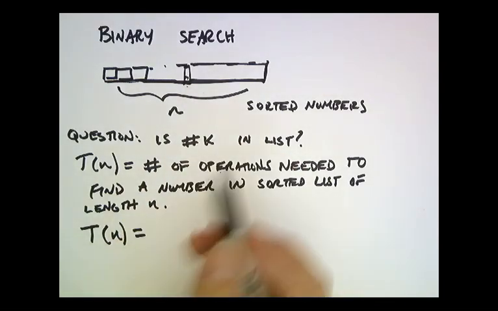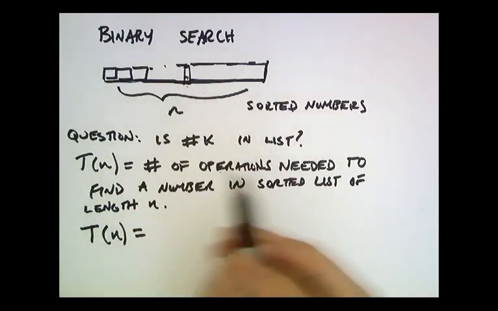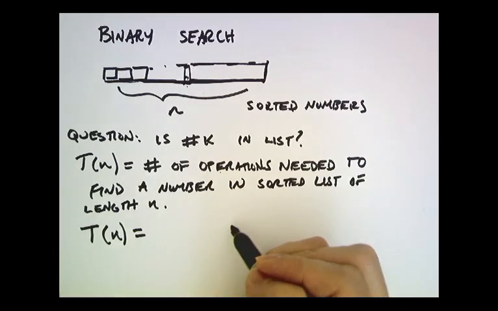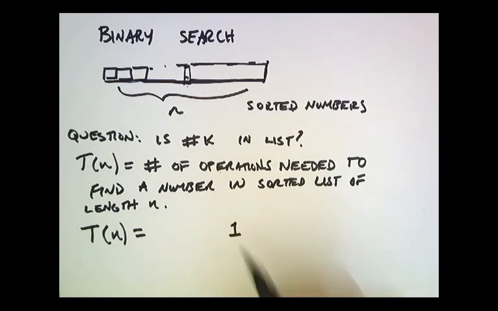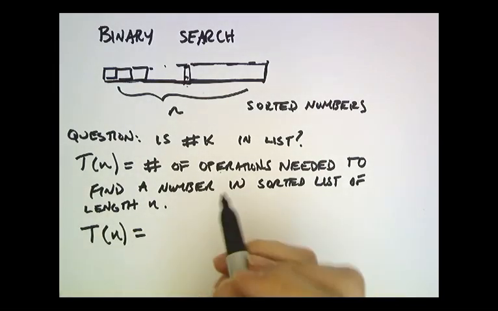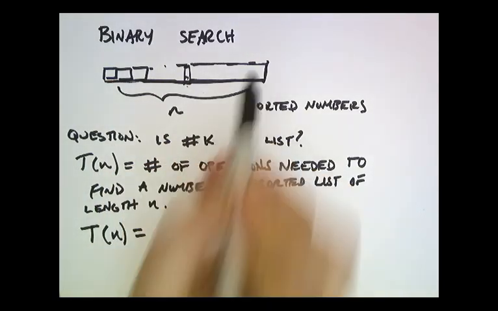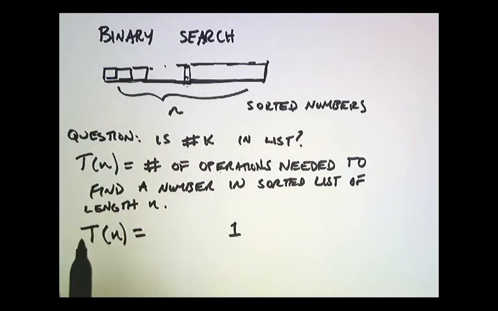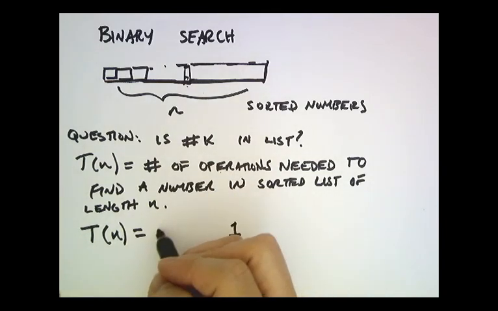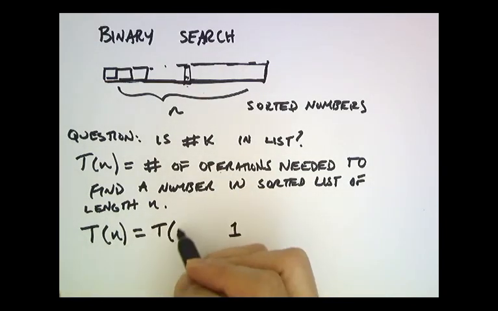So we have to do one operation there. We have to look at the middle element. That's one operation, or one time step. And then we need to search on either the left or the right half of the array. So we need to search a list of length n over 2.